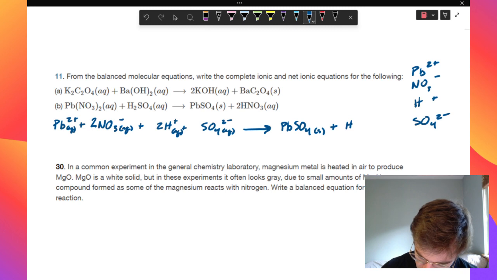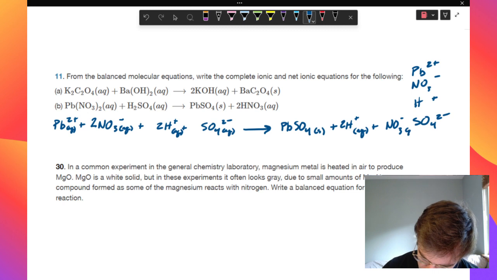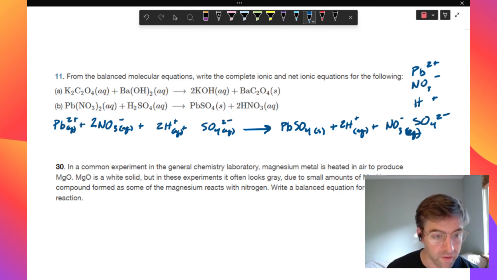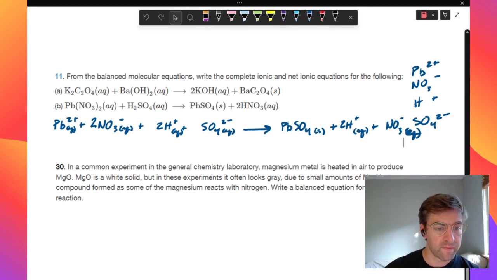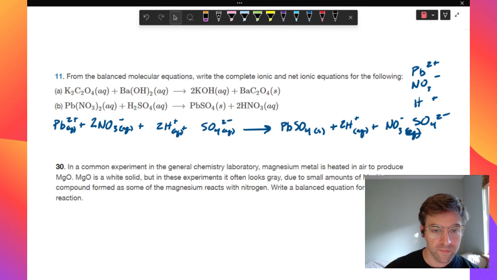And then we have aqueous hydrogen again, and nitrate, aqueous nitrate, on the right. Yes. Cool. So that's our complete equation.